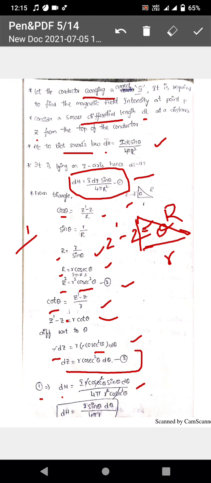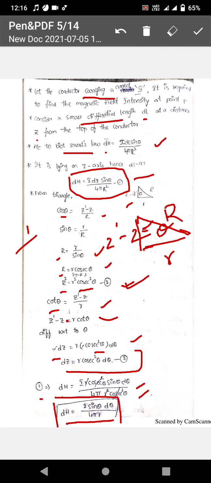R square can be written as r square cosecant square theta. Now cosecant square theta cancels, and r square and r cancel, therefore dh equals I sin theta d theta by 4 pi r. This is the formula we get finally.